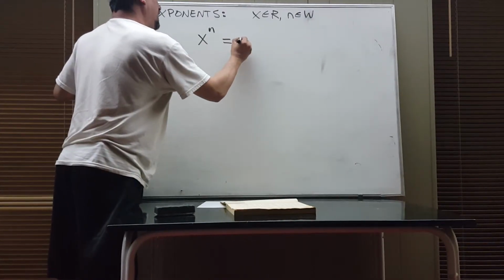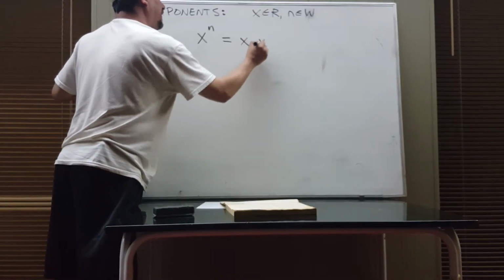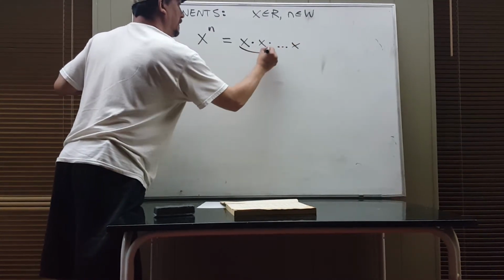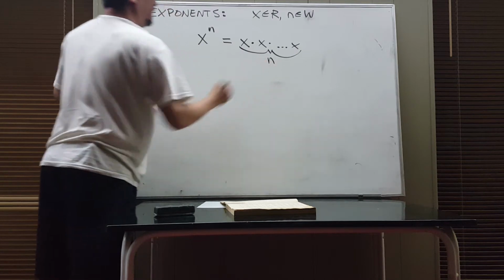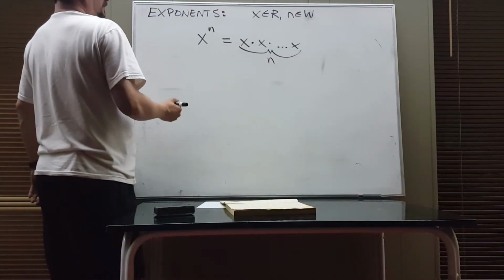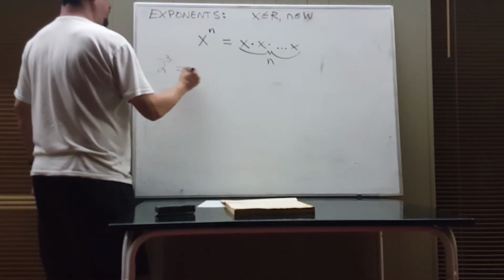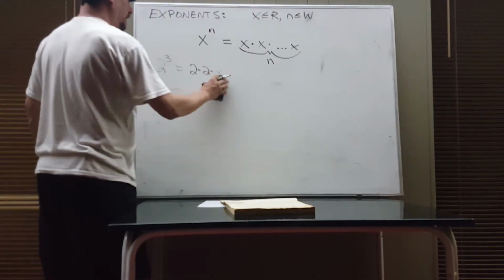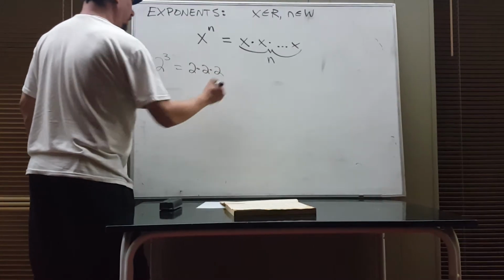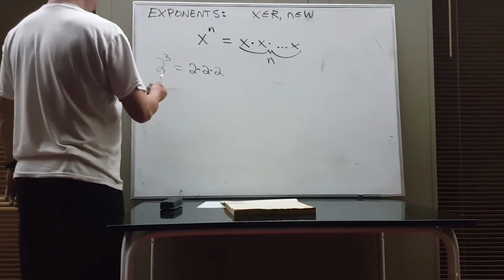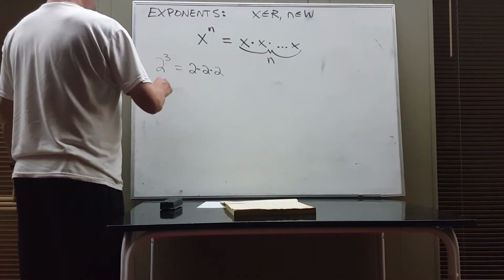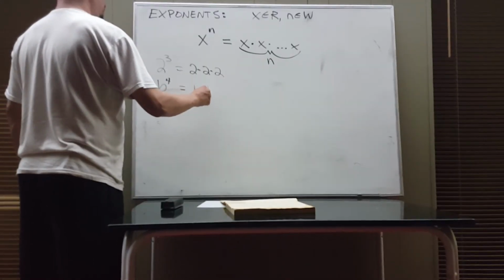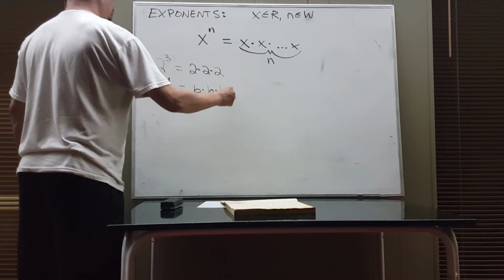So this means that I'm taking x and I'm multiplying it by itself n times. Okay. So 2 cubed is 2 multiplied by itself 3 times. b to the 4th is b times b times b times b.